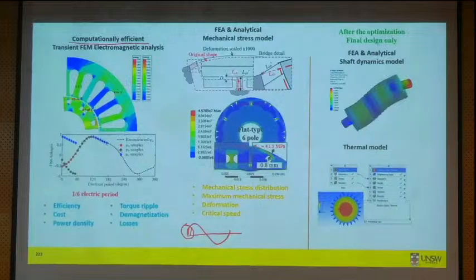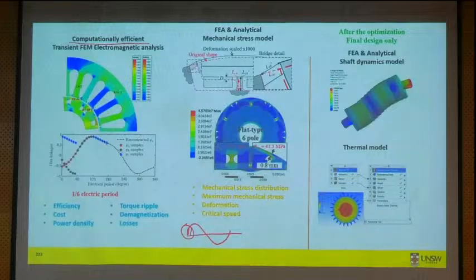And similar to this, for analyzing mechanical stress, you can use FE, but again, as I said, it takes time, so we could use some analytical model. The accurate analytical model was developed and became part of that mechanical stress analysis.